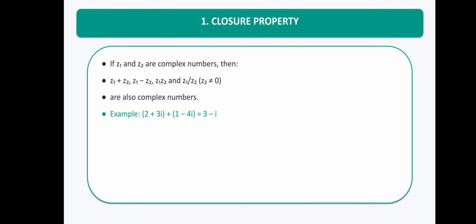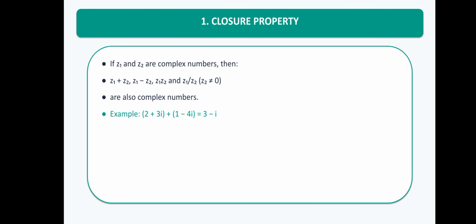Here we have an example of addition. Here we have the value 2 plus 3 iota plus 1 minus 4 iota is equal to 3 minus iota. How do we get the answer 3 minus iota? Because we will add the real number with a real number. So 2 and 1, these are real parts. So 2 plus 1 is equal to 3.